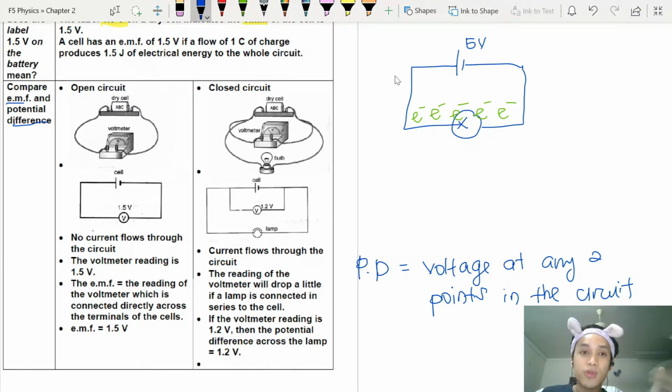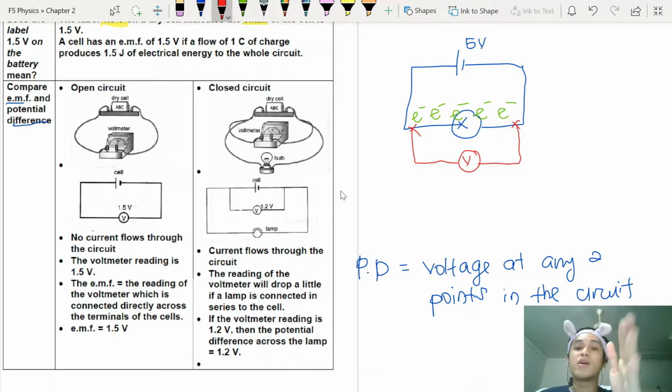So when we talk about potential difference, we measure at any two points, for example from this point until this point. How much energy are the electrons releasing? Before I go into internal resistance, I'm just going to give you a very general concept.